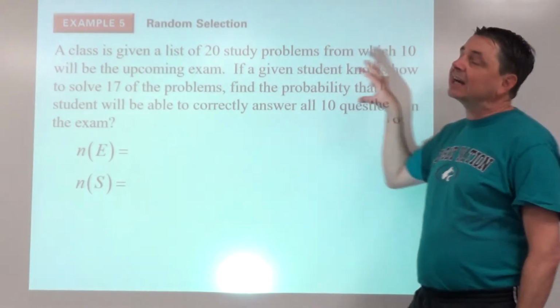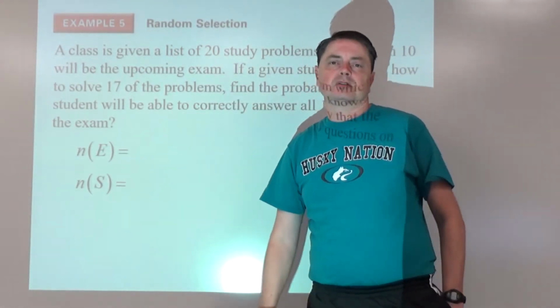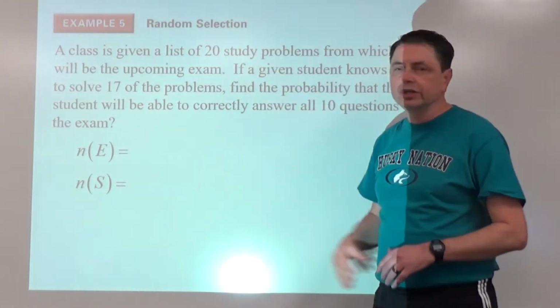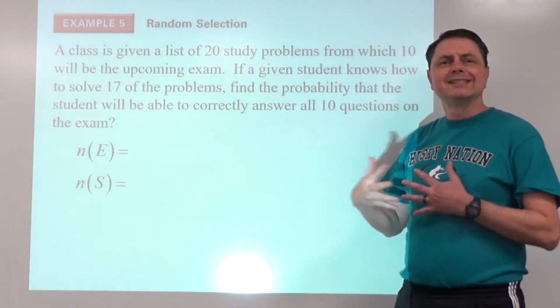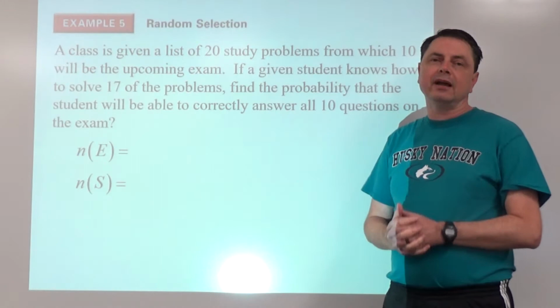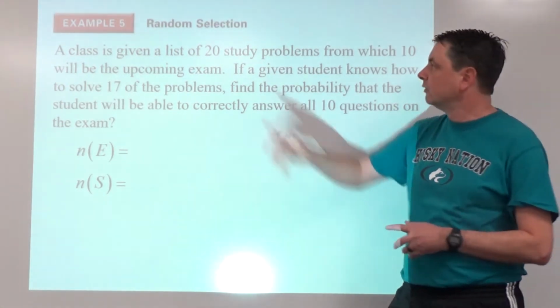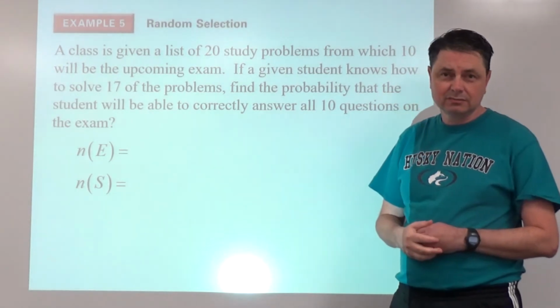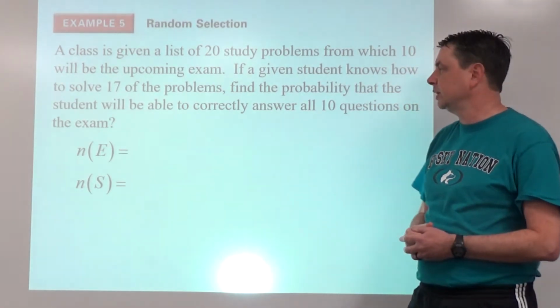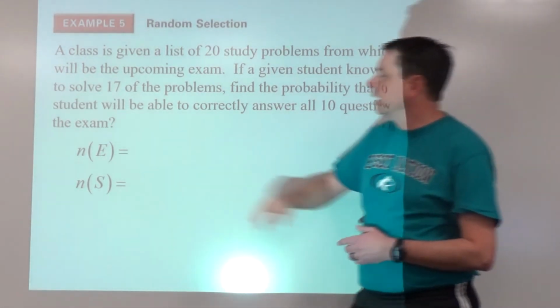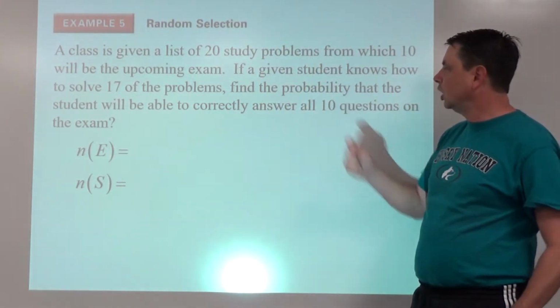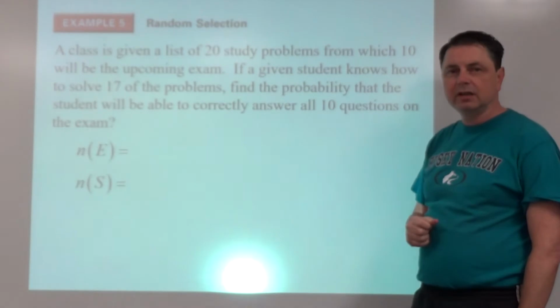So if we think back to our counting properties, obviously we've got a lot of numbers here to choose from in test problems. Does the order matter of our 20 questions? Not really. So it kind of sounds like a combination. So the number of ways of getting all 10 questions, okay?